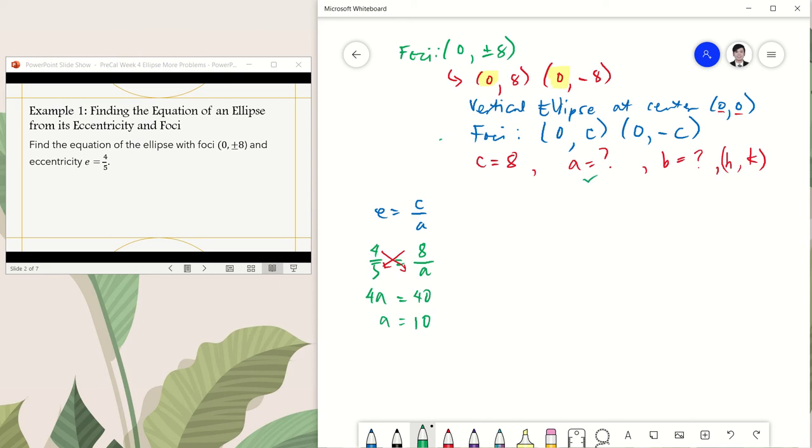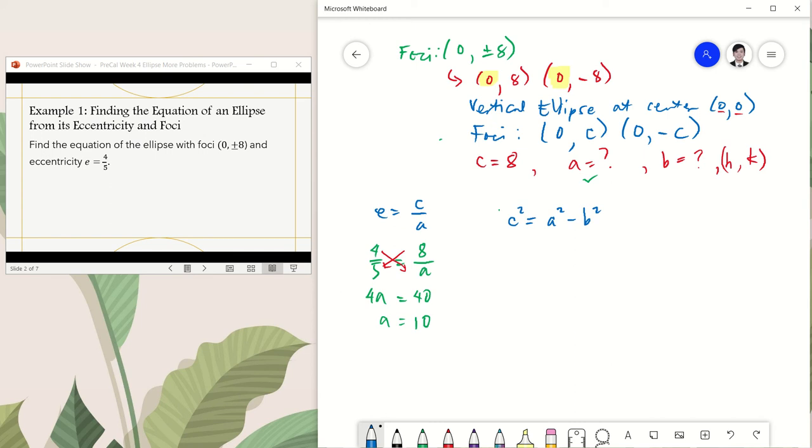So remember our relation between a, b, and c: you can write it as c squared is equal to a squared minus b squared. And we can already find out what b is.